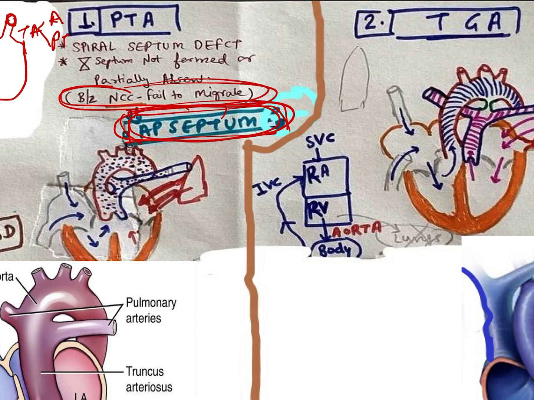This mixing of blood will result in cyanosis. As the bulbar portion of this aortopulmonary septum is defective, and we are aware that the bulbar septum also takes part in the ventricular septum development, hence these persistent truncus arteriosus patients have VSD, and this VSD will also cause mixing of blood, and this patient will have cyanosis.